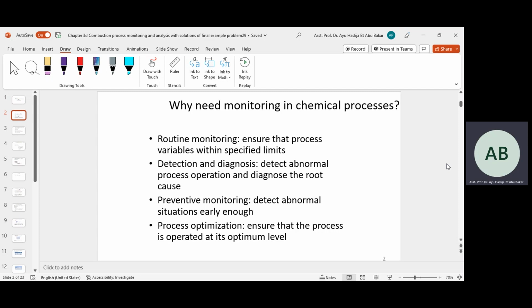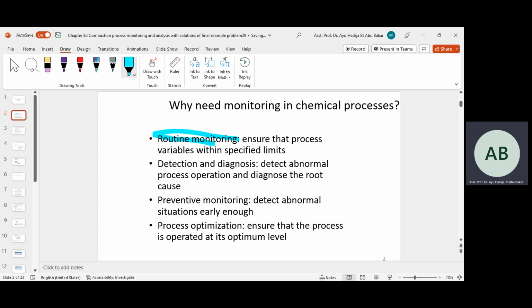This is why you need to monitor the combustion process. It is a routine monitoring to know whether your combustion process is successful or not.